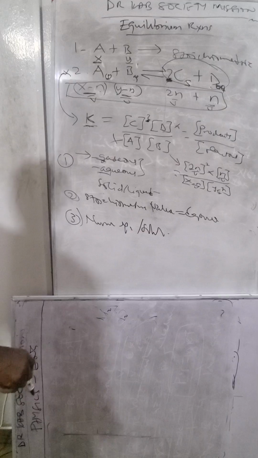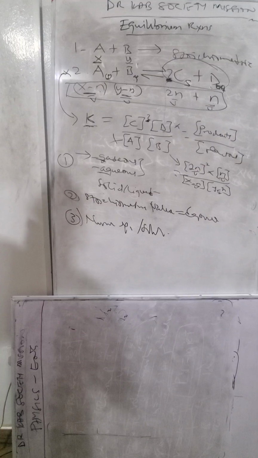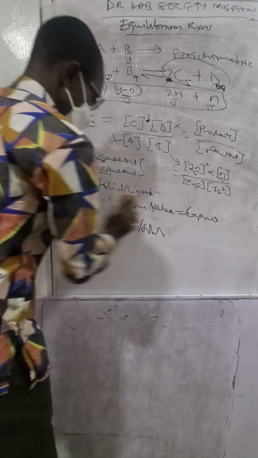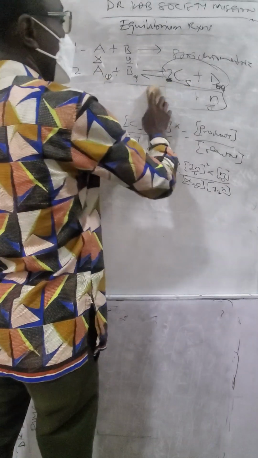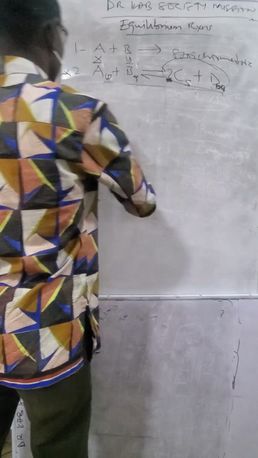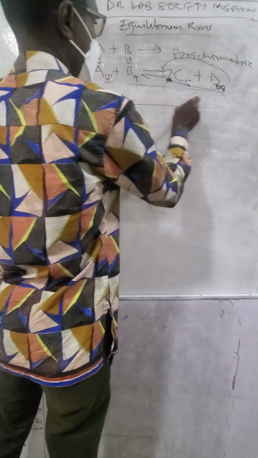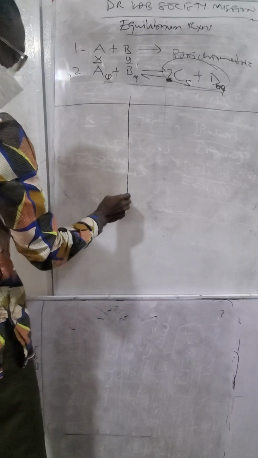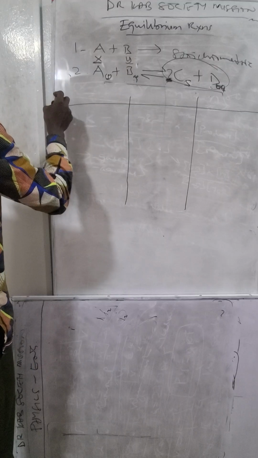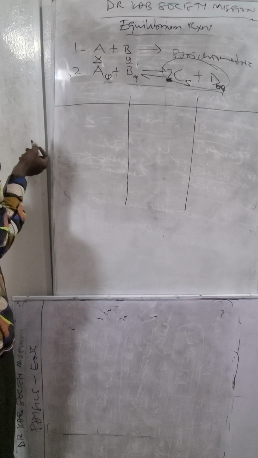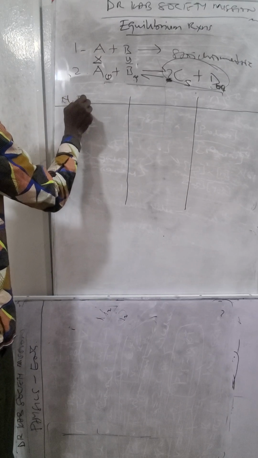Now let's look at how this can be used for the various kinds of equilibrium constants. Let's say we are looking at just normal equilibrium constant, normal equilibrium calculations.